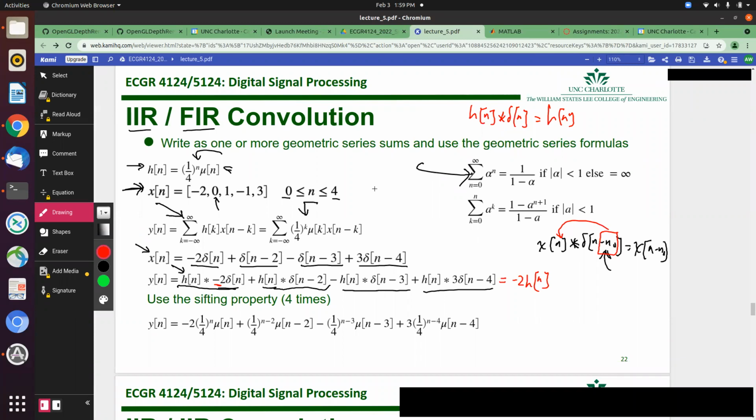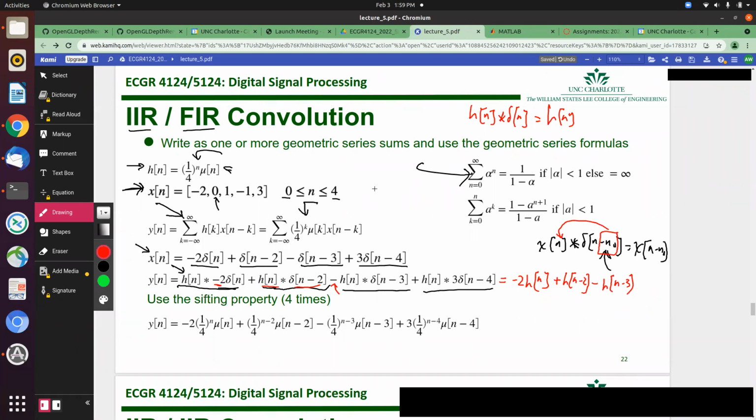All right, what's h convolved with delta of n minus 2? Plus h of n minus 2. What's h of n convolved with delta of n minus 3? There's a minus sign out in front, so we have to be mindful of that. So it's minus h of n minus 3. And then what's h of n convolved with delta of n minus 4?